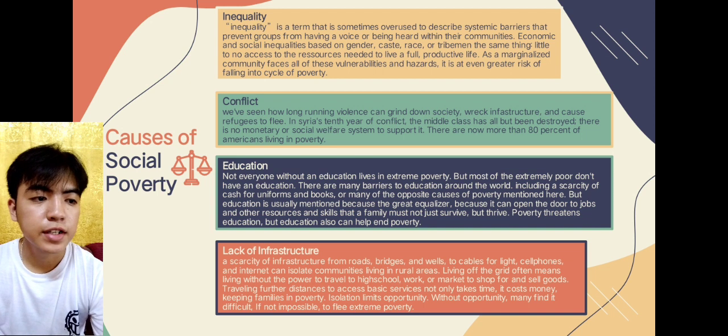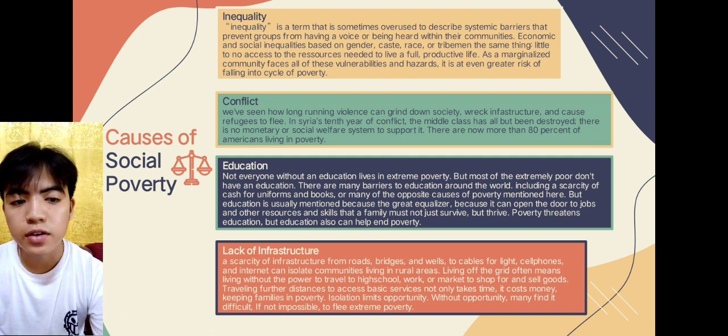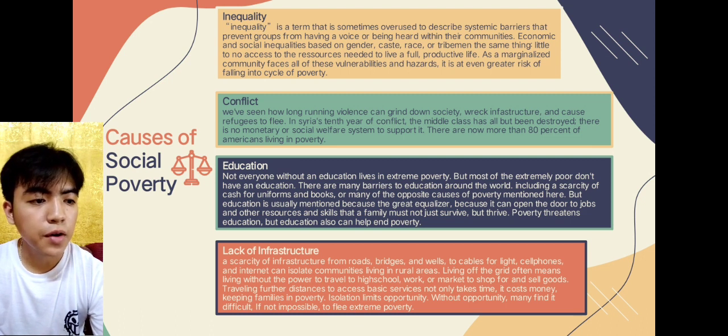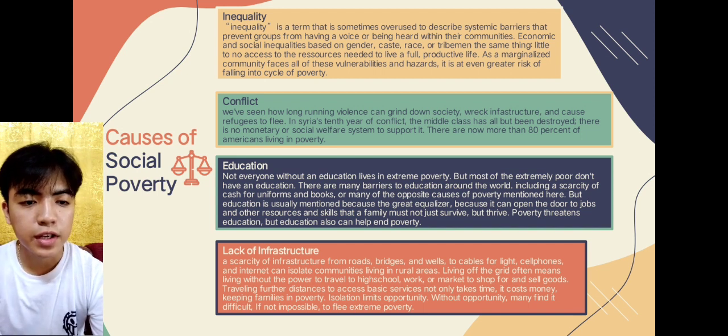Third, education. Not everyone without an education lives in extreme poverty, but most of the extremely poor don't have an education. There are many barriers to education around the world, including scarcity of cash for uniforms and books, or many of the other causes of poverty mentioned here.